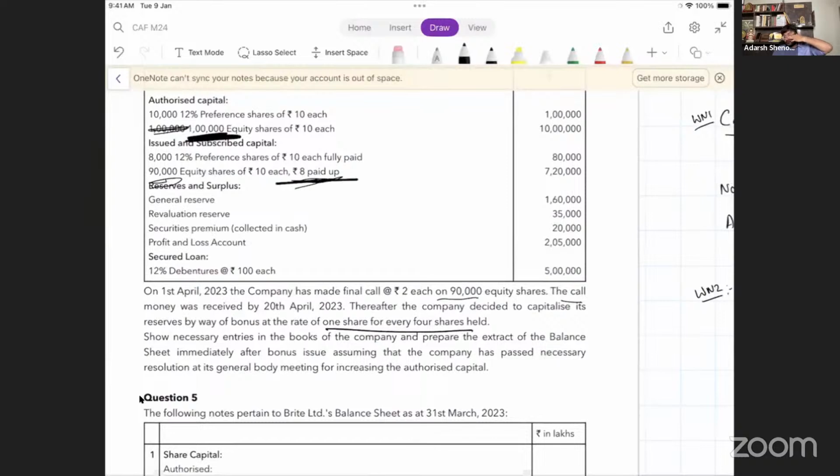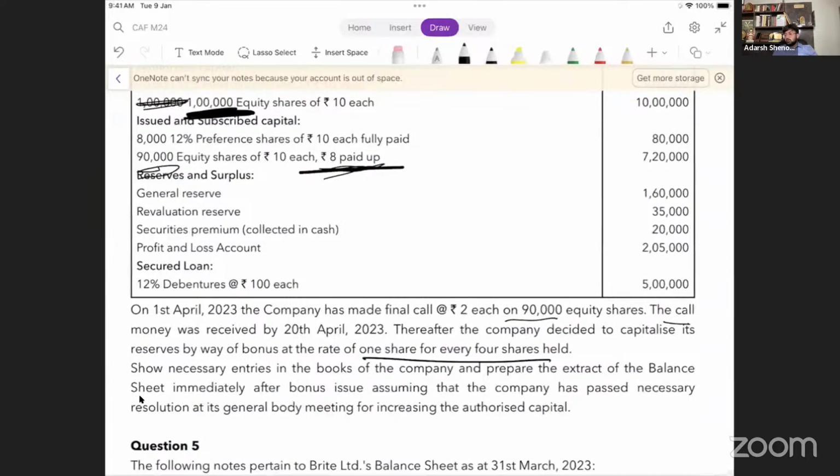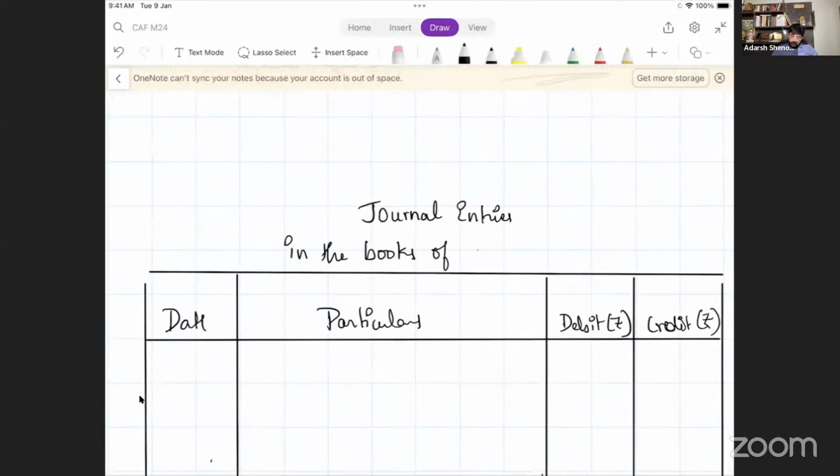We will first have to make them fully paid shares. For that, the company has found a solution. We are not doing a bonus call; we are making a normal call on first April, as they have said. So let's do that. Books of Solid Limited.